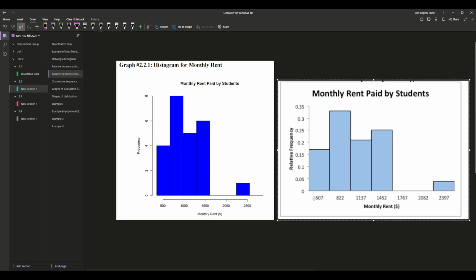The labeling on the x-axis in the second one is simply the midpoints of each of these classes. The first graph is still created with the same data, just with frequencies. And instead of listing the midpoints of each of the classes in this left graph, they simply start at 500 and then increase in $500 increments from there.